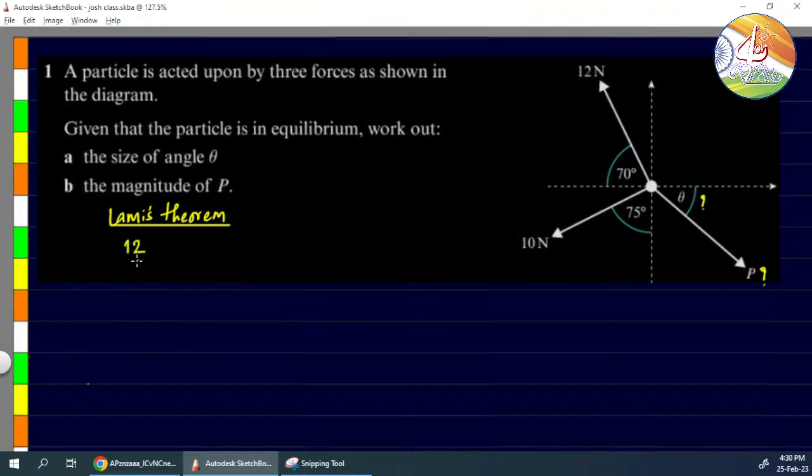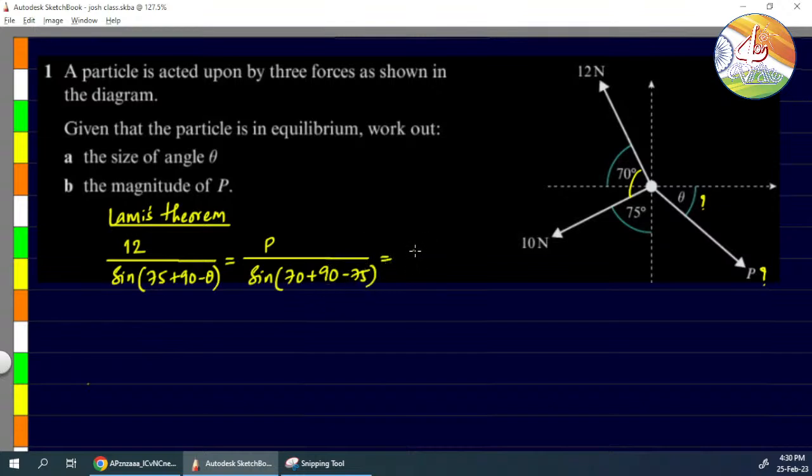So force 12 divided by sine of the opposite angle. The opposite angle is this one. So what is this angle? This is a bit complex, right? So 75 plus 90 minus theta. This is the angle here. So this is equal to, let's take the next force as P, and we need this angle: sine of 70 plus 90 minus 75.